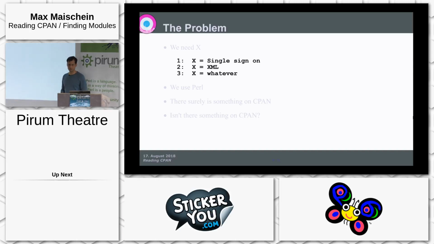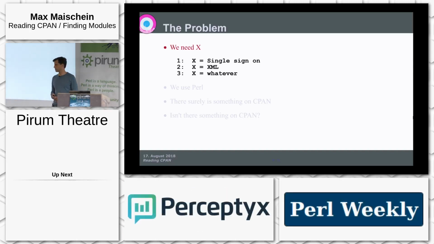So what is the problem that you have? Well, the problem is somebody comes to you and says, we need X, and X might be single sign-on, or maybe XML, or some other buzzword, or whatever other problem might happen. And obviously, we use Perl, so there surely is something on CPAN.